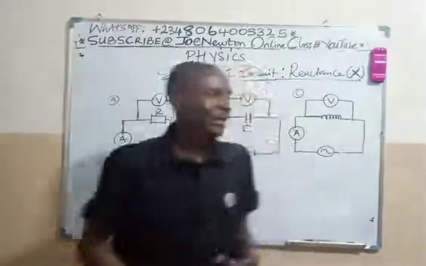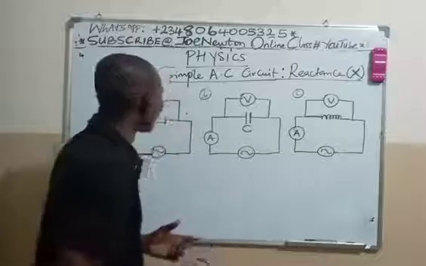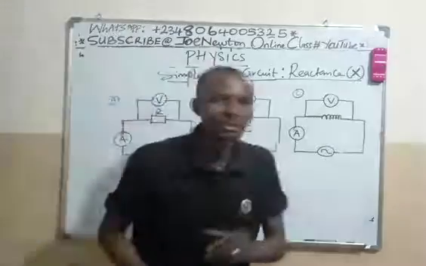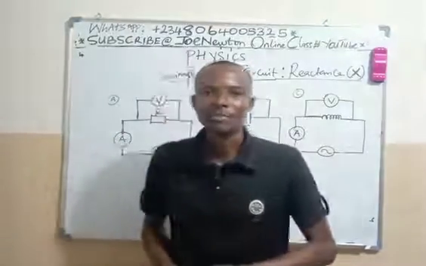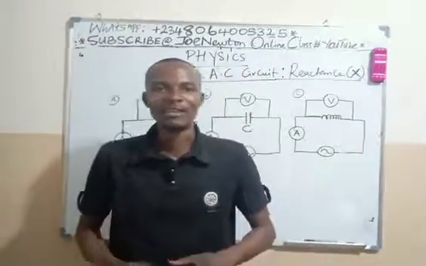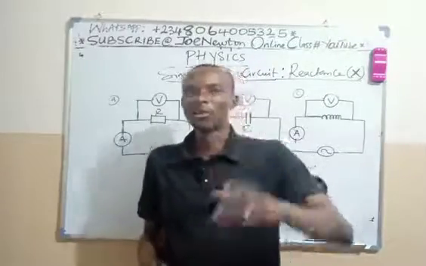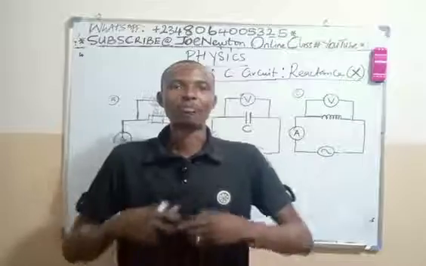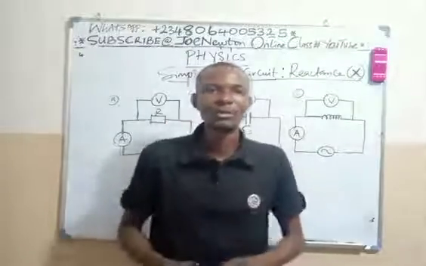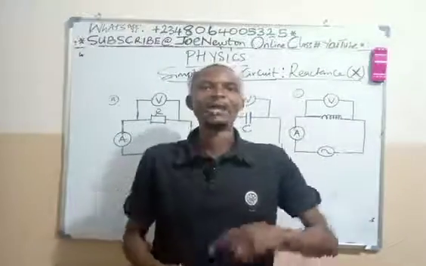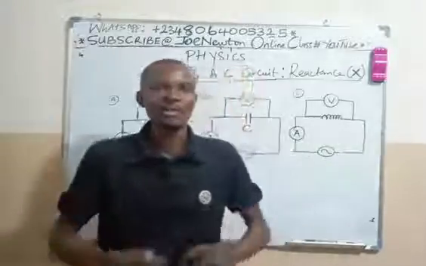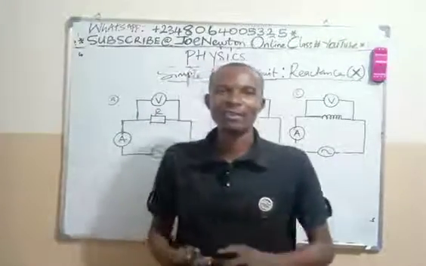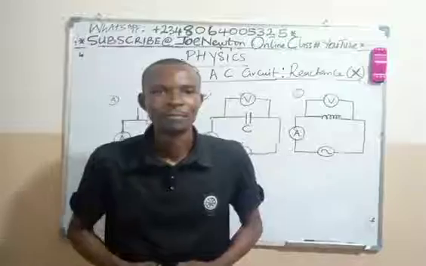Now, in that AC circuit, we have important components. That is the resistance, the capacitance, and the inductance, which are products of resistor, capacitor, and the inductor. These are the components that offer these oppositions I mentioned.